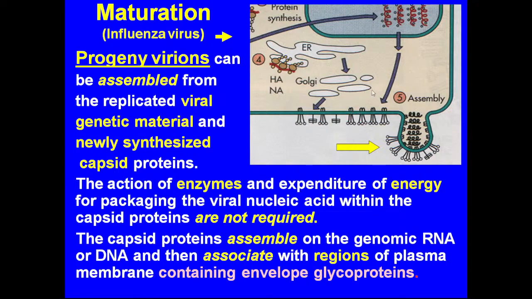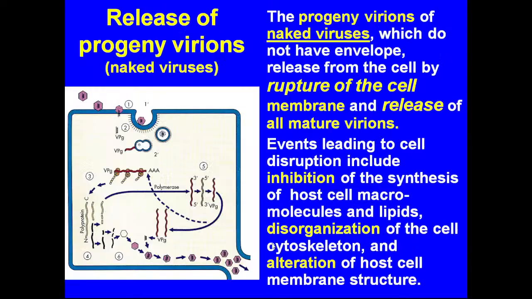So the viral capsid proteins will be assembled and enclose the nucleic acid, and then in enveloped viruses, it will be enveloped with a cell membrane modified with surface glycoproteins also produced inside the cell, usually in the ER and glycosylated there.